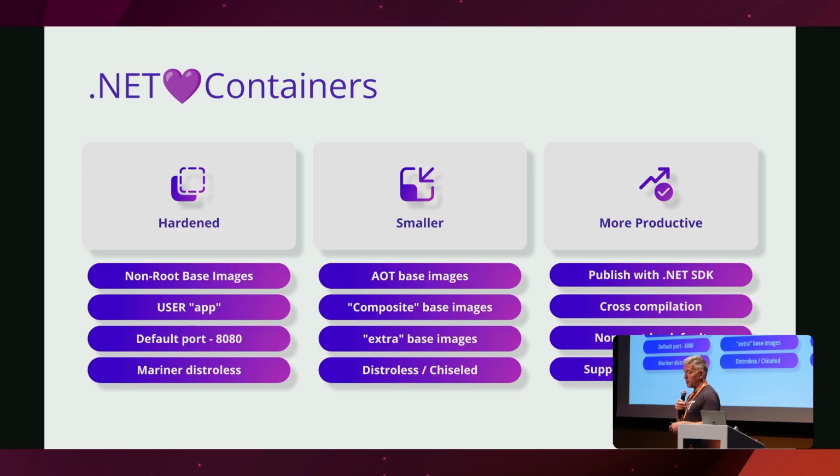And so it means that we wanted to make it a 1-line change for any .NET developer who builds containers to make them non-root. And our goal is to make .NET among the most secure container platforms in the industry. And then the other thing that we did was worked with Canonical on chiseled images and make those super small and have very few components in them so that they're easy to maintain over time.